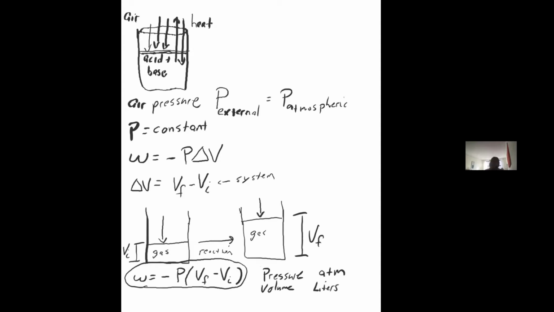However, the units of energy are typically not atmospheres and liters. They could be if we wanted them to be, but generally we don't do it that way. So you need a little conversion factor, and I'm going to write it down here. 1 atmosphere liter is equal to 101.3 kilojoules. I'm sorry, 101.3 joules. Not kilojoules, but joules. This is just a little conversion factor you'll need to do these problems.